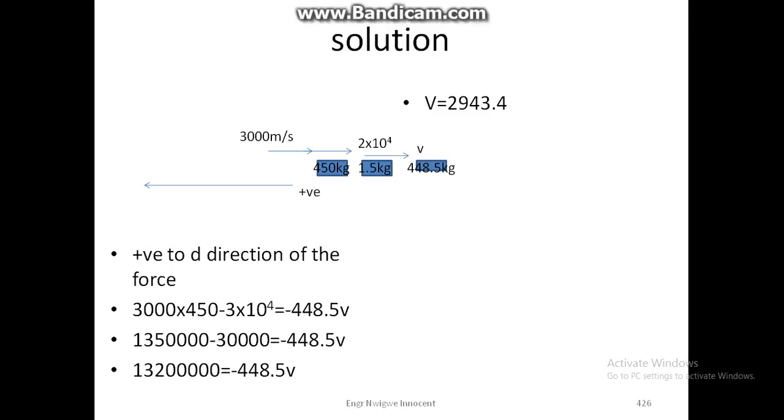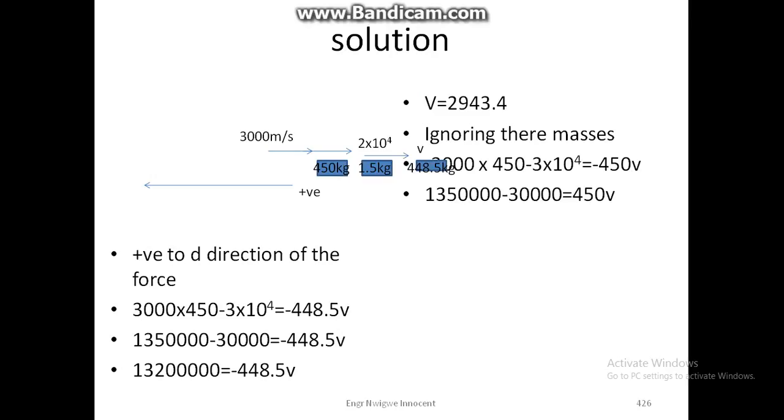Ignoring the change in mass, we still have 3000 times 450 minus 1.5 times 2 times 10 raised to power 4, which gives us 3 times 10 raised to power 4, equal to 450 velocity.